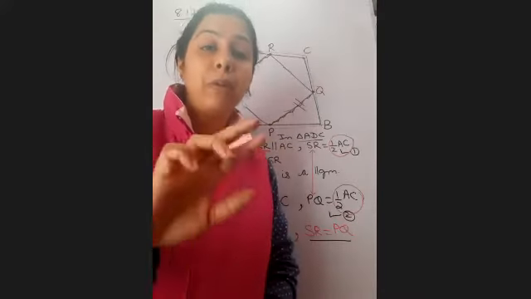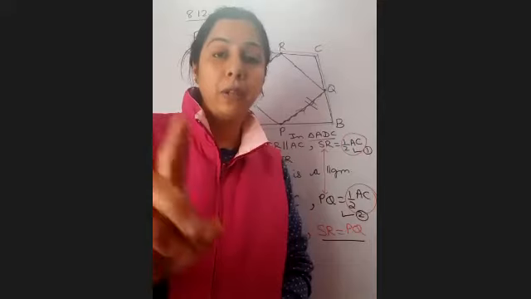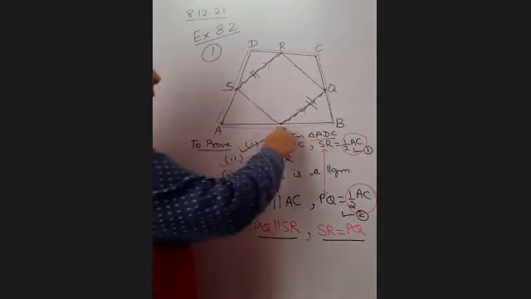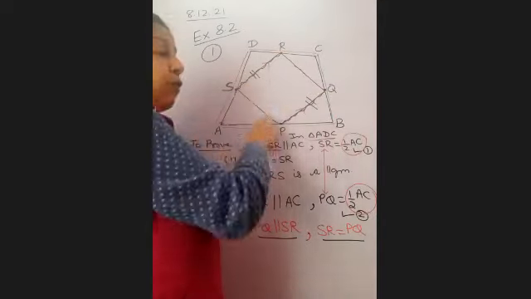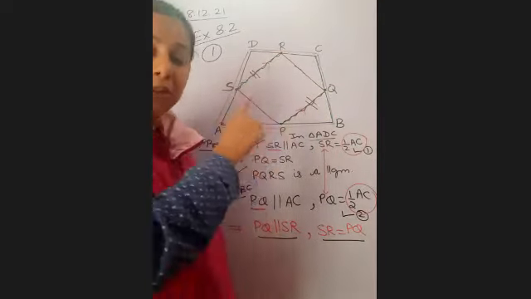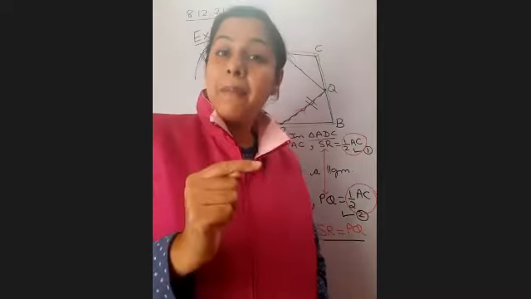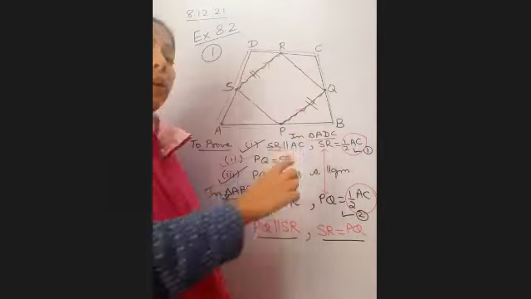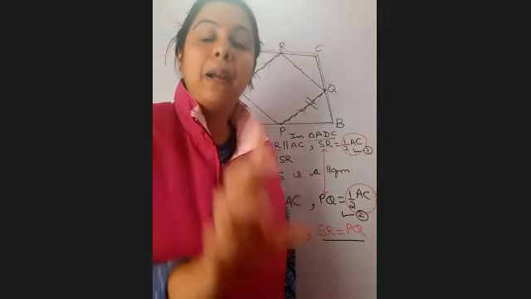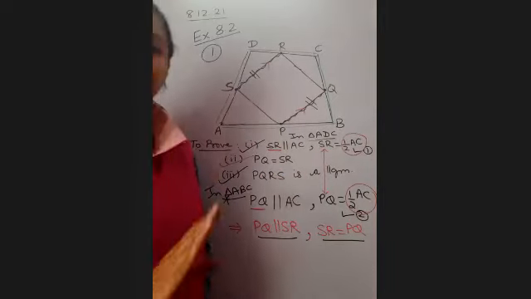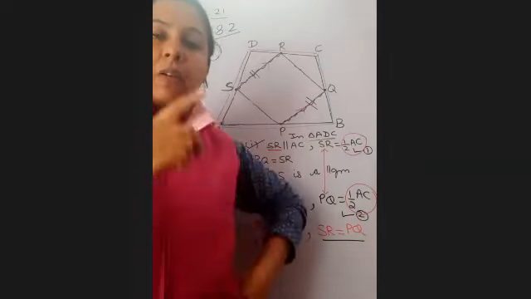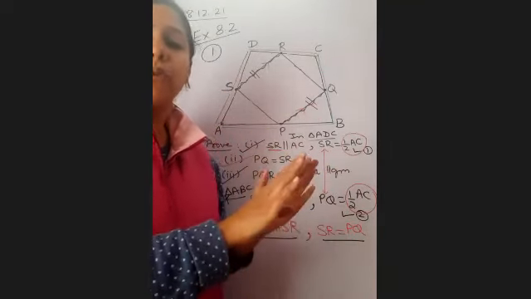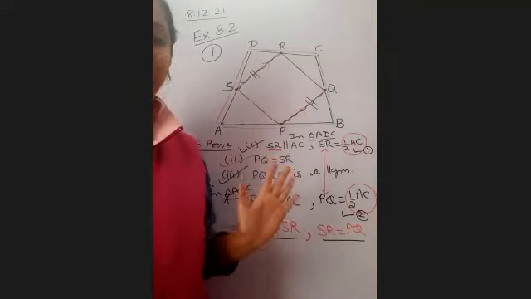So this is a general property that should remain with you: if you join all the 4 midpoints of the given quadrilateral, then the quadrilateral formed is always a parallelogram.